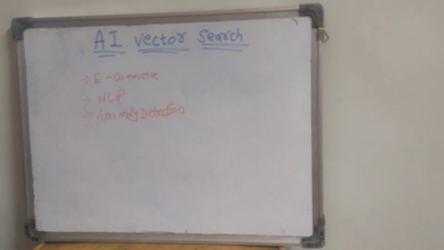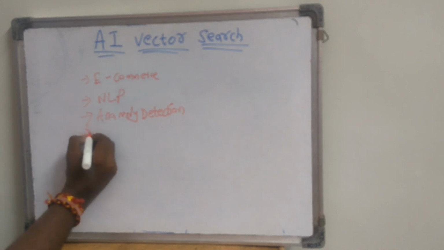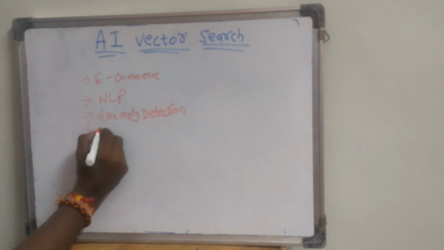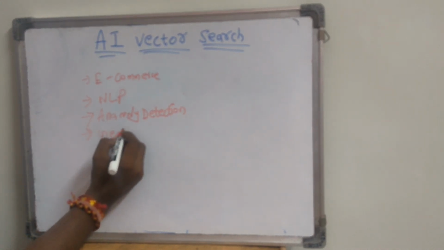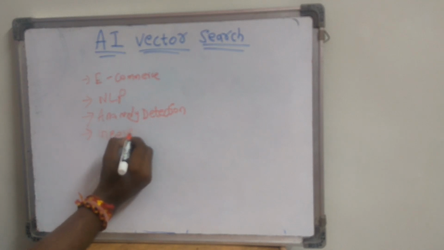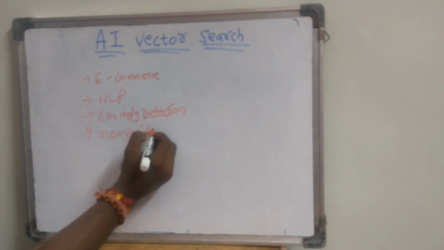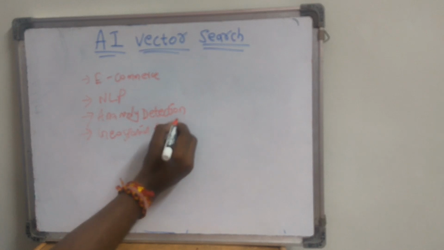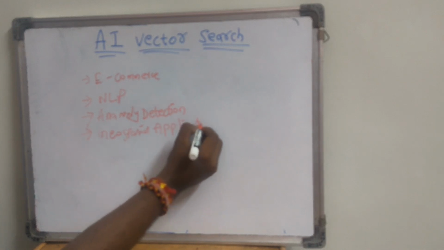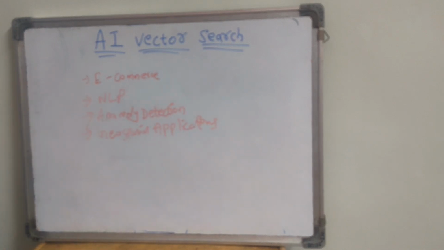There are other applications also, like geospatial applications. Here AI vector search can enhance disaster response efforts by analyzing geographical data such as satellite images, aerial photographs, and sensor data.